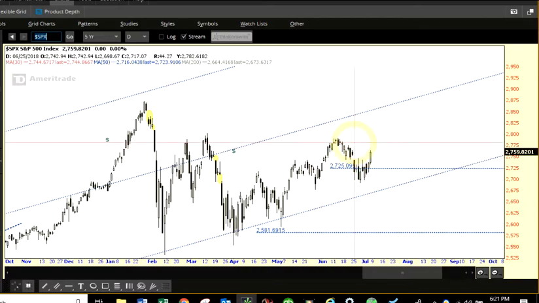So we could accelerate very rapidly to the downside. So I wanted to give you plenty of heads up so that you can prepare. If we do break this 27.25 area to 27.20 on a closing basis, it's probably a great place to exit the market.